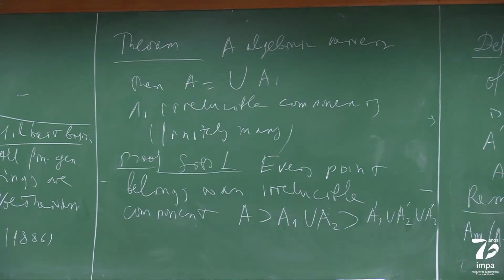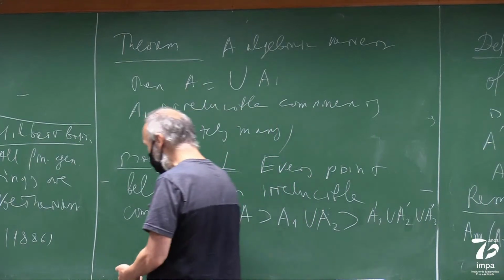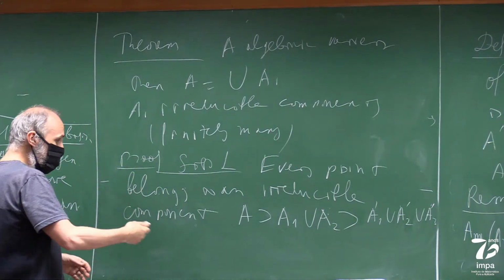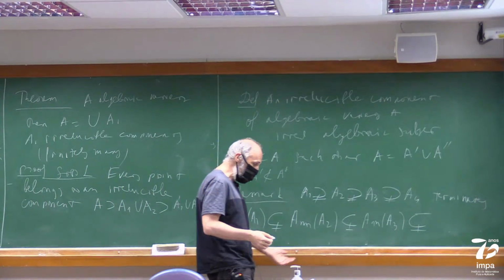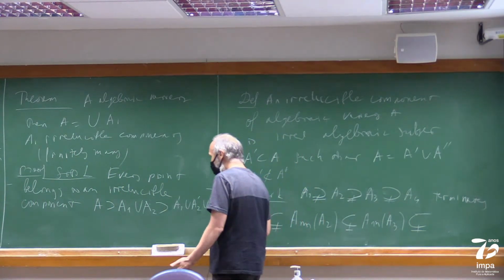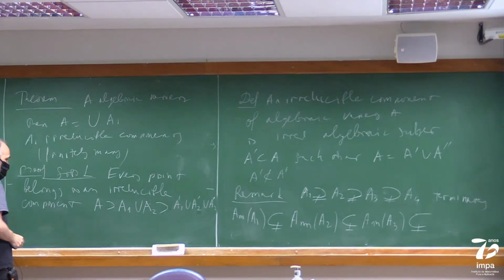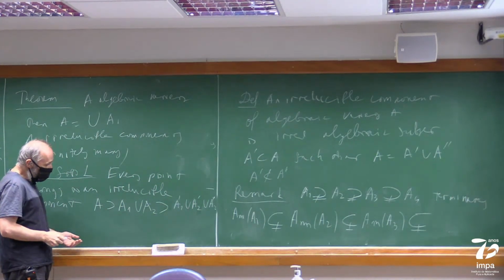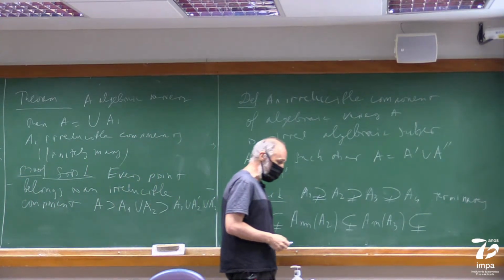So this means that you split your variety into algebraic sets, which in turn split into smaller algebraic sets and smaller. And this can be done indefinitely unless you end up with an irreducible component. But this cannot happen, because any descending chain of subvarieties terminates.